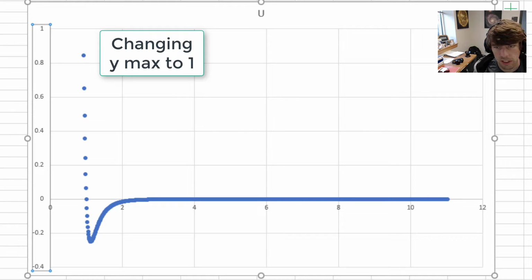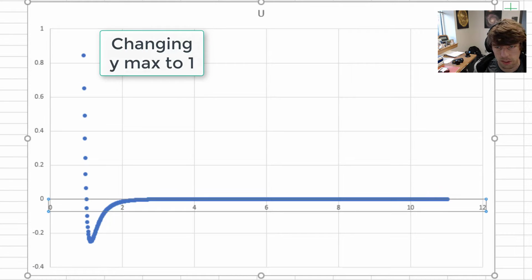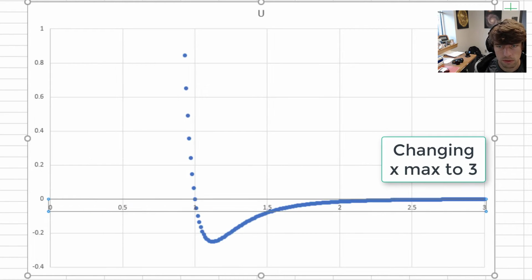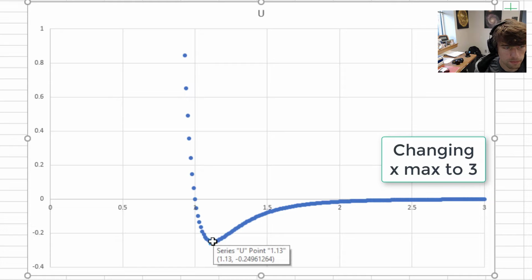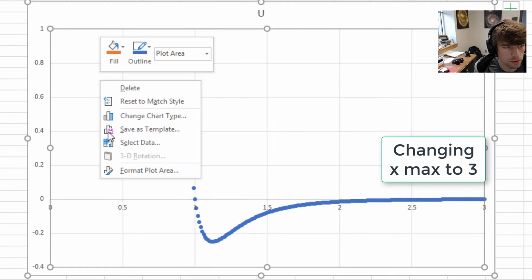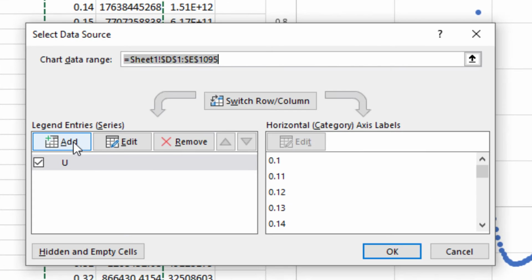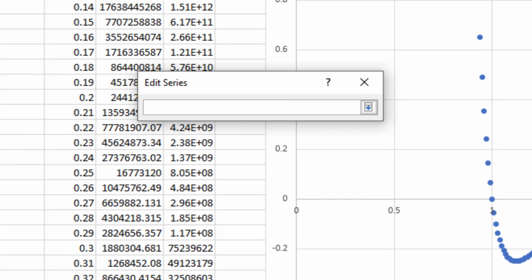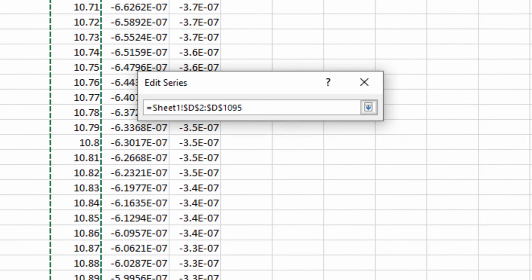So let's scoot this down and make this 3. Okay, so we can really see it dip down. Here's our minima, and we could actually click on it to figure it out. In fact, let's do one more thing here. Add. So there's that.